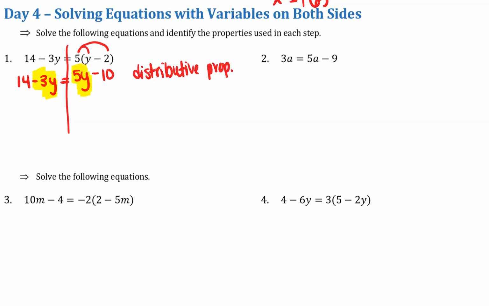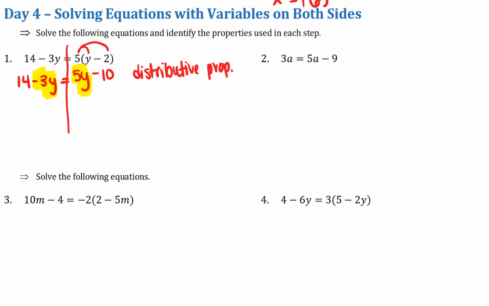Once I've simplified the left and simplified the right, the next step is always to get the y's, or whatever variable we have, on the same side. It doesn't matter which one you choose to move, but I like to move the smaller one. The reason is because then we'll usually end up with positive variables on both sides.